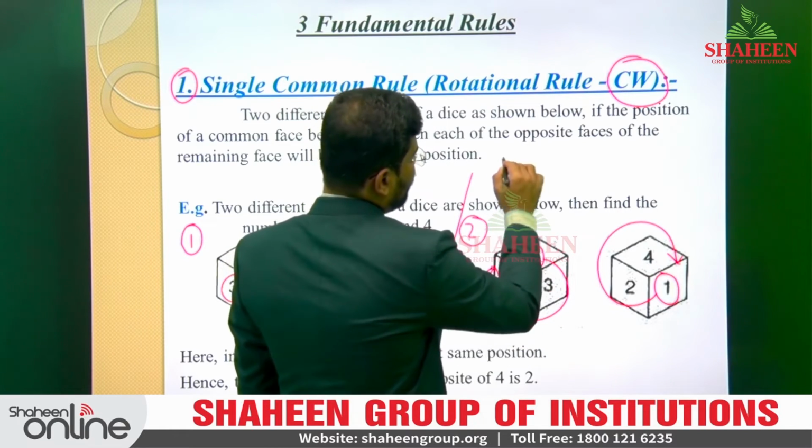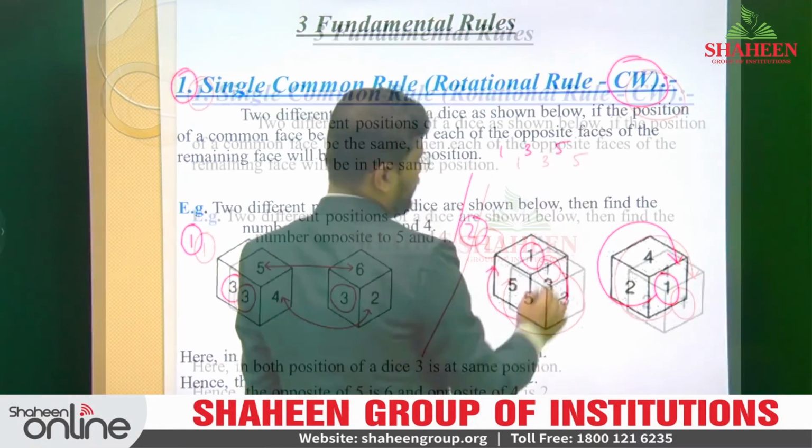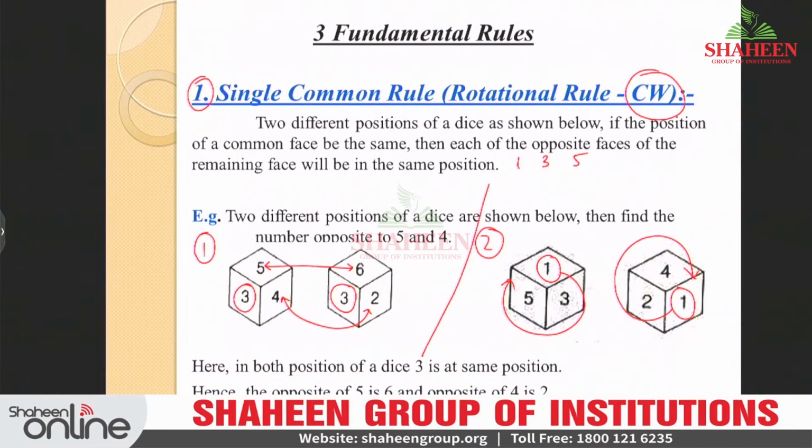1 3 5, 1 3 5. This is 1 2 4, 1 2 4. Now in this, 3 is opposite to 2, 5 is opposite to 4. What is the number left? 6. So 1 is opposite to 6.